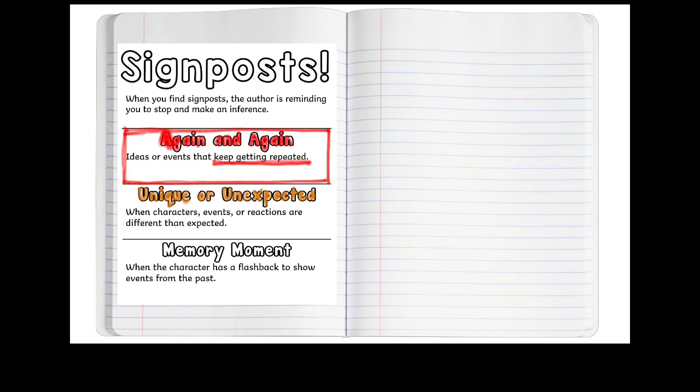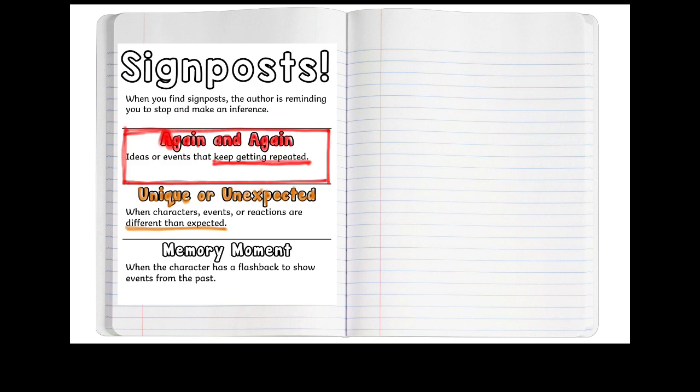It was really unexpected that they didn't make a peanut butter and jelly sandwich. They went through the school lunch line and they chose the most unique option. Everyone else is getting pepperoni pizza, but they picked something different. They picked the sardine sandwich. And that really highlights this signpost. Unique or unexpected is when characters, events, or reactions are different than expected.